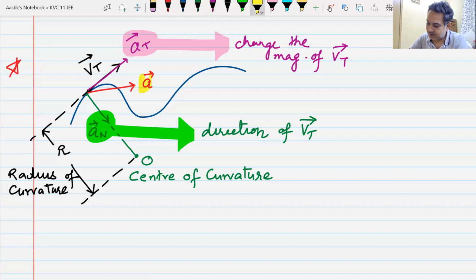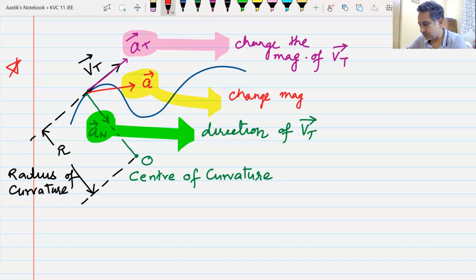And then you have the summation as this. What will this do? Change magnitude and or direction of velocity.